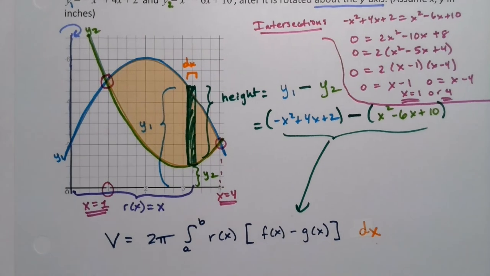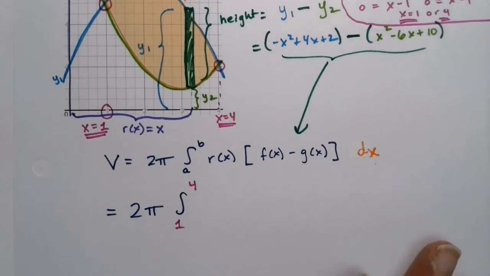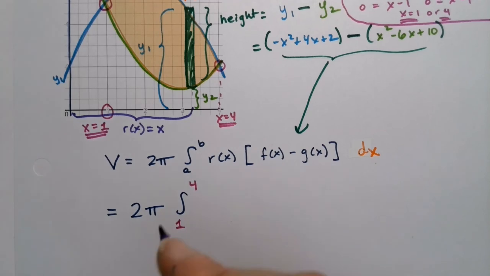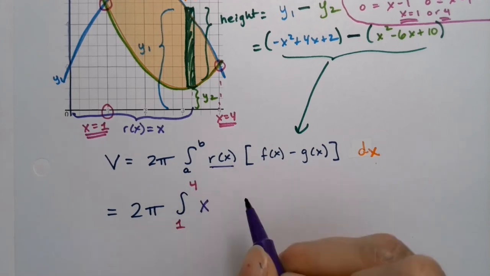All right, so that means that I'm going to take my integral from 1 to 4. And again, not required to do it analytically, just fun. All right, r of x, we said was x. So r of x is x.